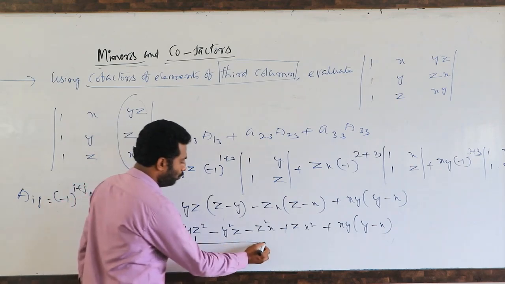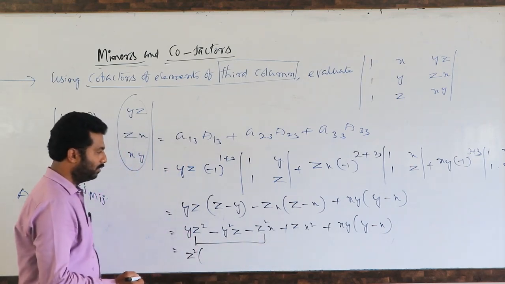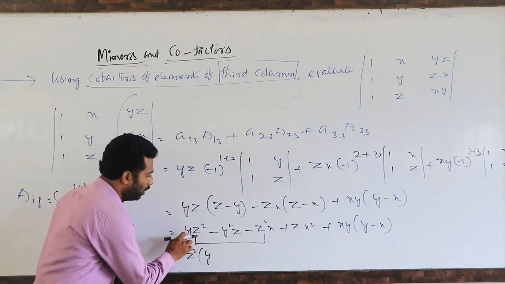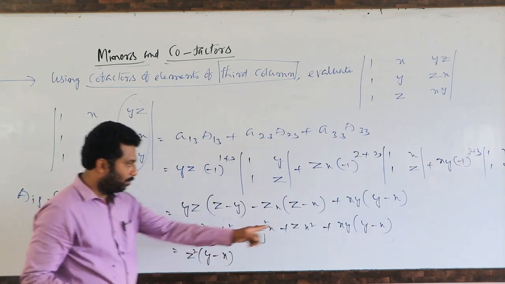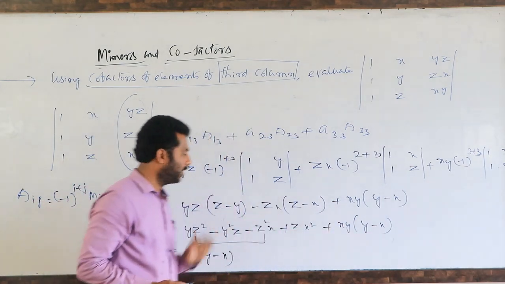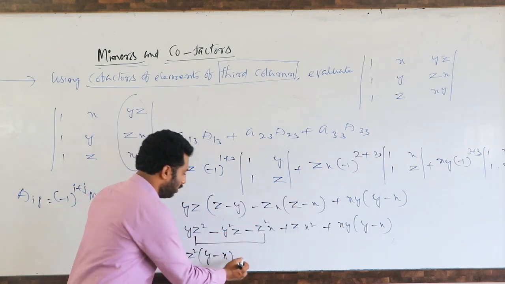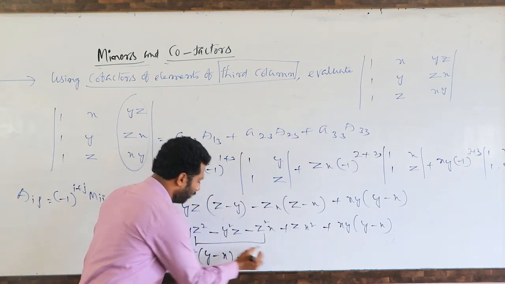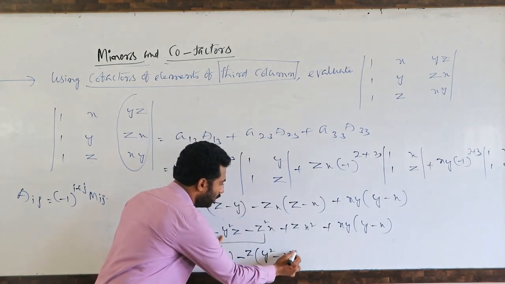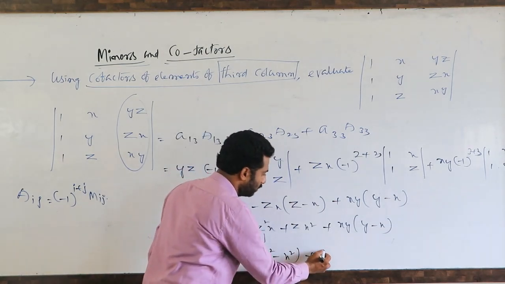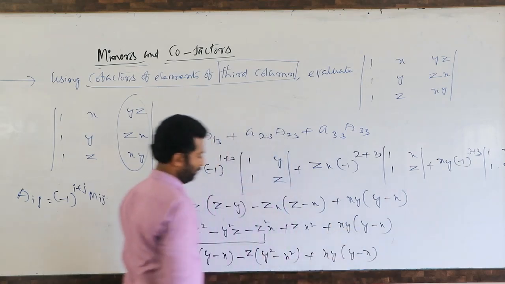From these two, can I take z square common? What will we get? y minus x. That purpose only, y minus x is written there. Next, from these two, if I take minus z common, y square minus x square, plus xy into y minus x.